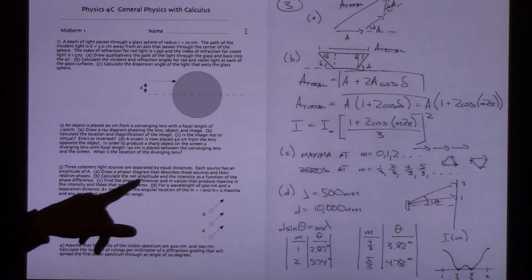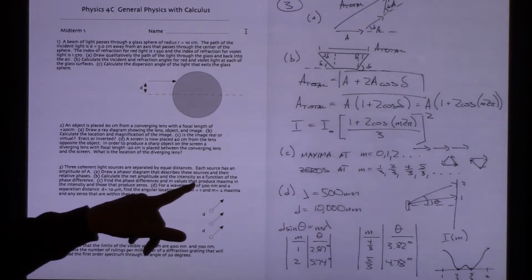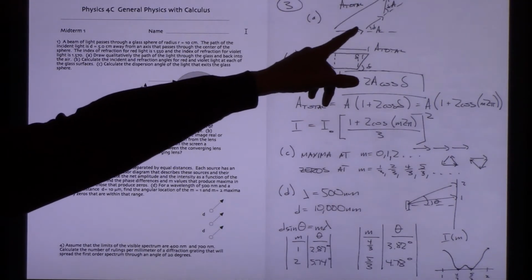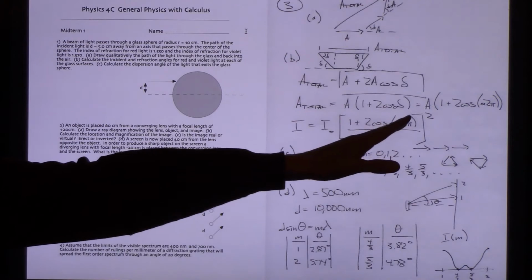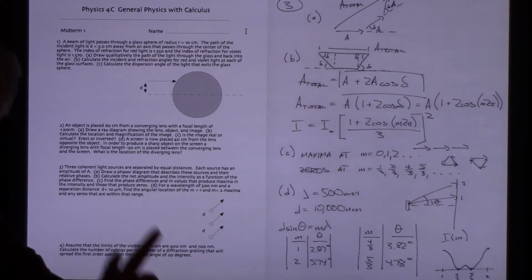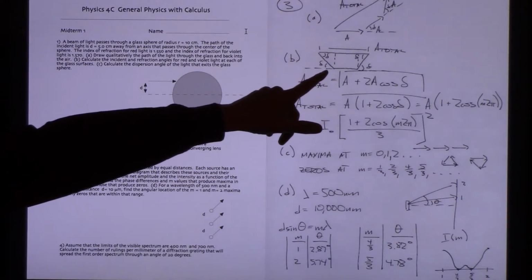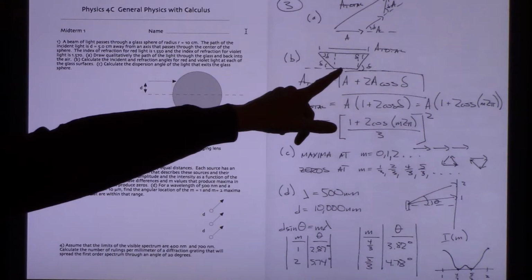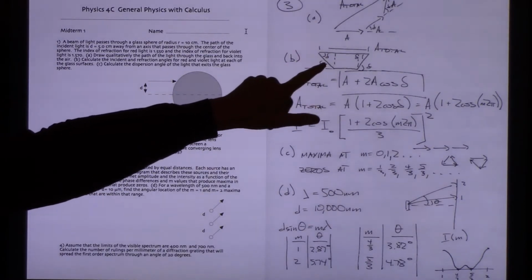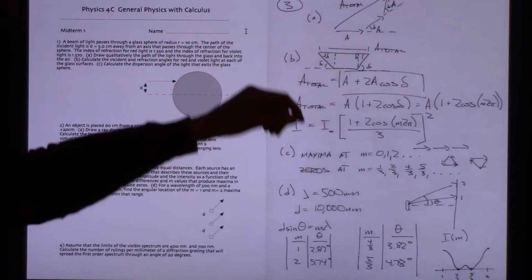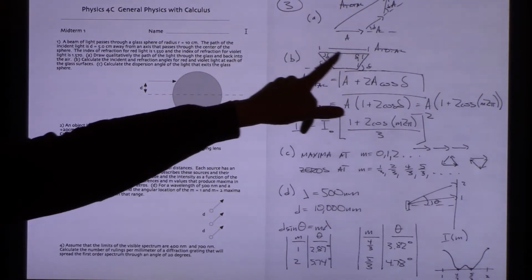Now in B it says calculate the net amplitude and the intensity as a function of phase difference. Now this turns out to be a simple enough diagram. The 2-slit interference also is a simple enough diagram that we can just do a little geometry on this and flip this thing over and show where all these phase angles are. And then I can break up this A total.